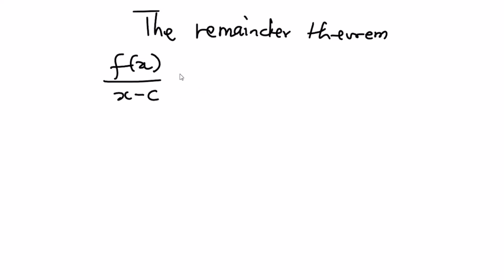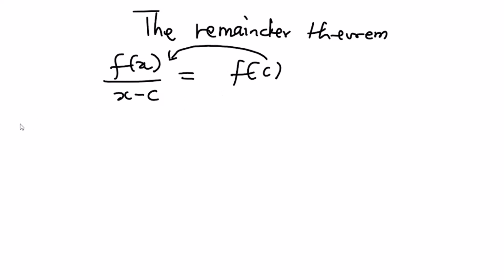The remainder is equal to f of c, and this is basically just putting in c into the function to get that value. So if you put the value of c into the function, what you get becomes the remainder.